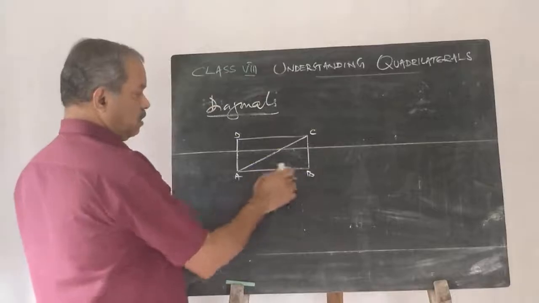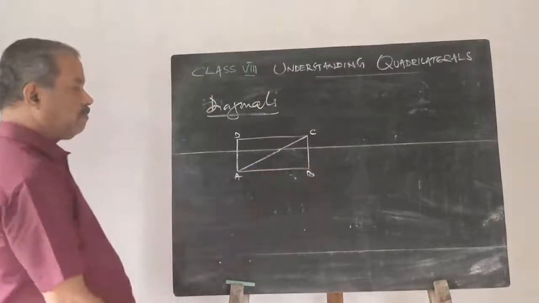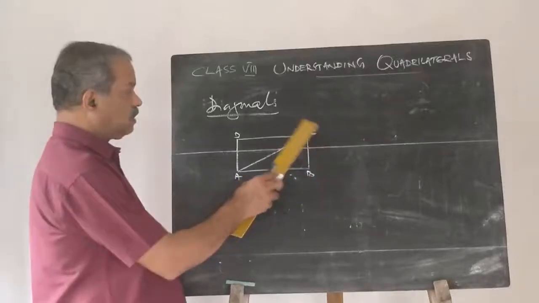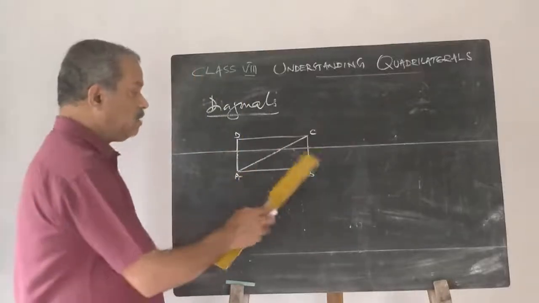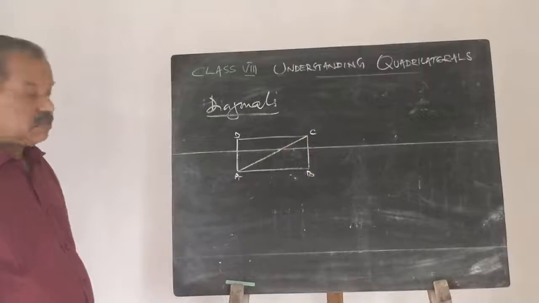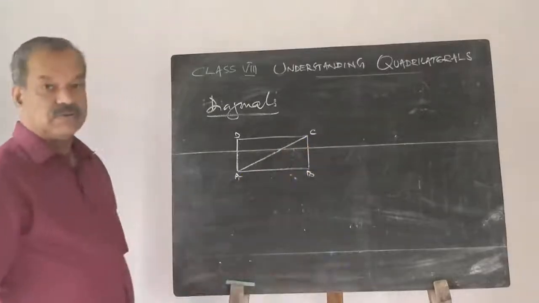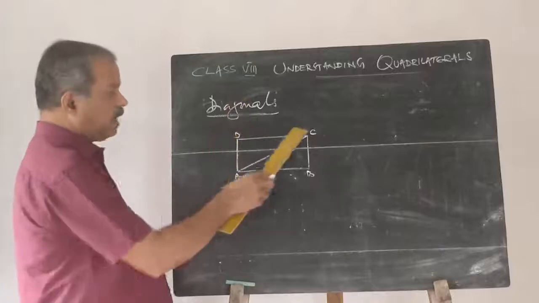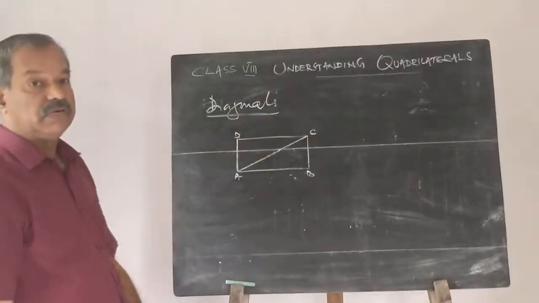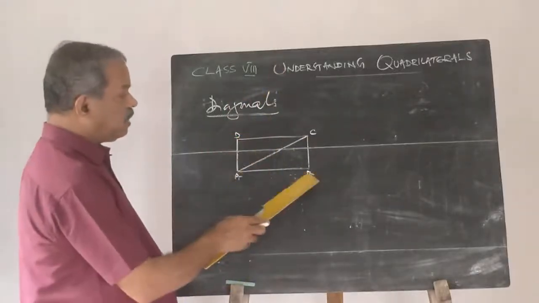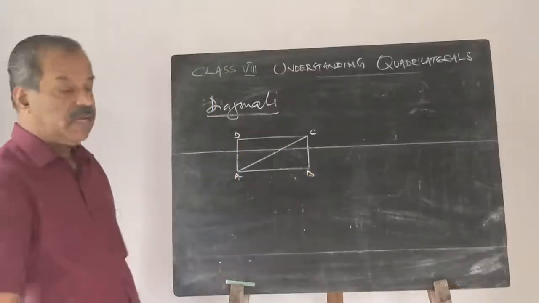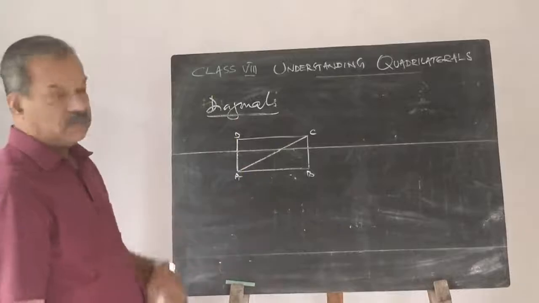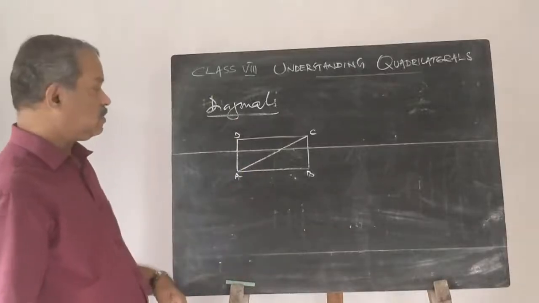These are the consecutive vertices: A, B, C, and D. A and B are consecutive vertices. B and C are also consecutive vertices. C and D consecutive. D and A. A and C are non-consecutive vertices. And B and D are also non-consecutive vertices of this polygon or quadrilateral ABCD.